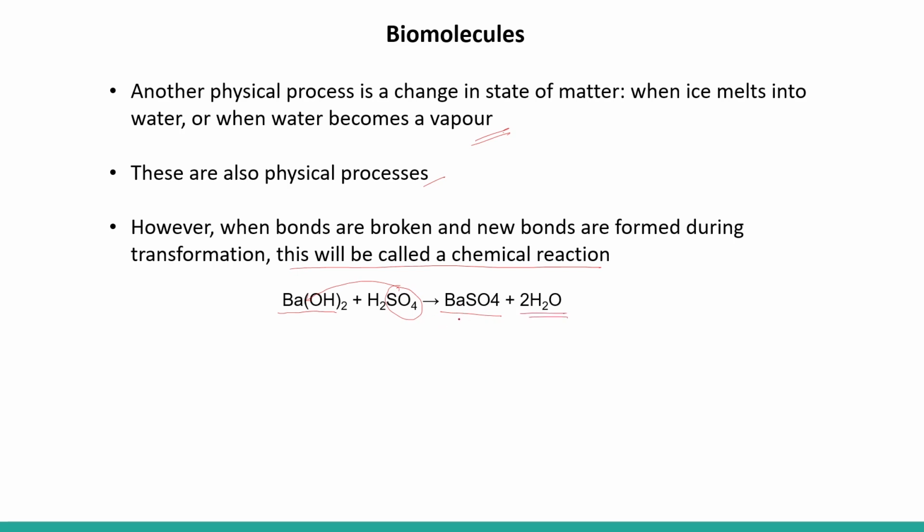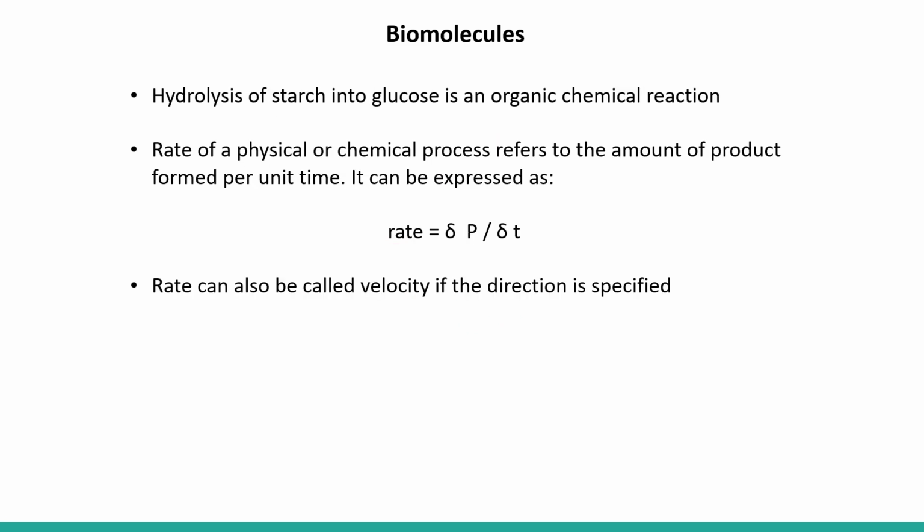This shows a chemical reaction because the breaking of bonds is involved and a new product is formed. These are the reactants and these are the products. The chemical nature of these substances is totally different from barium hydroxide and H2SO4. So this is a chemical reaction.